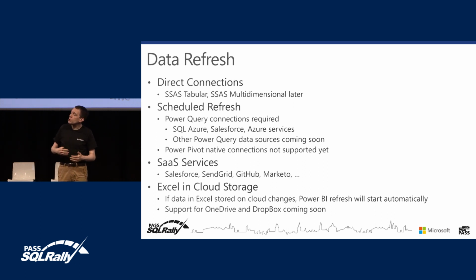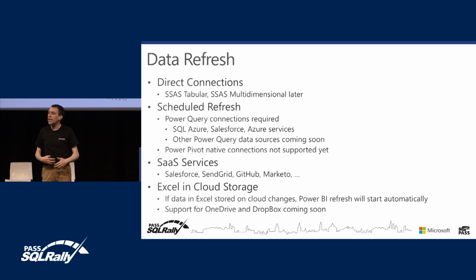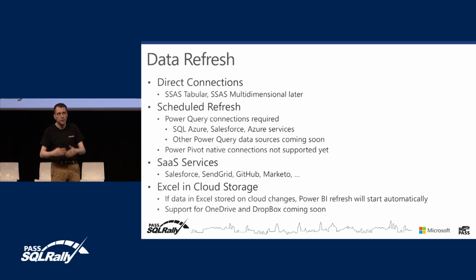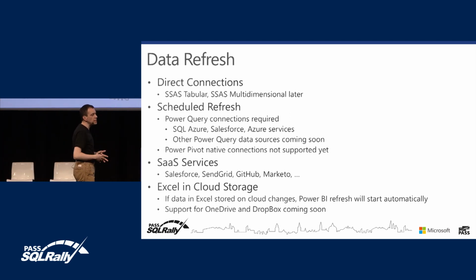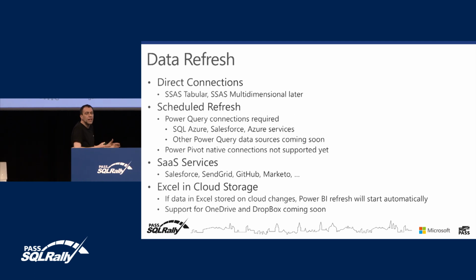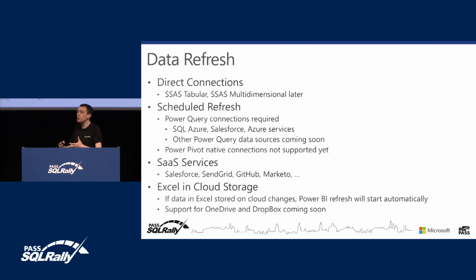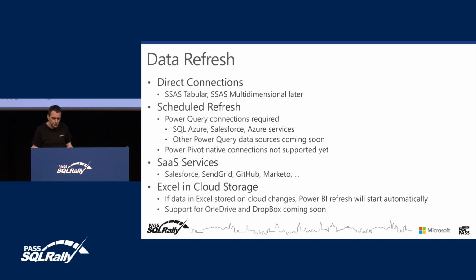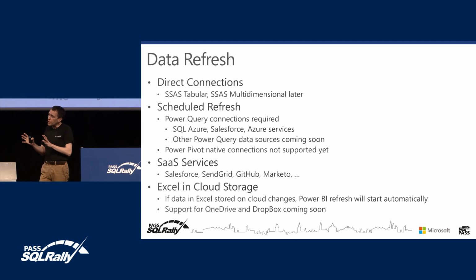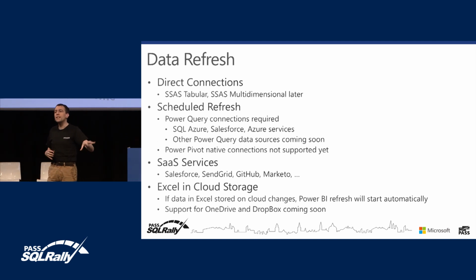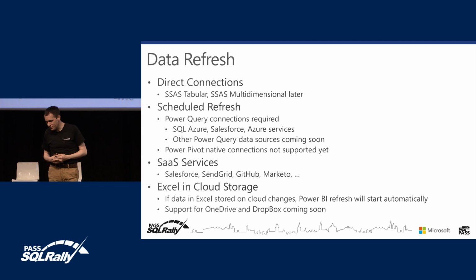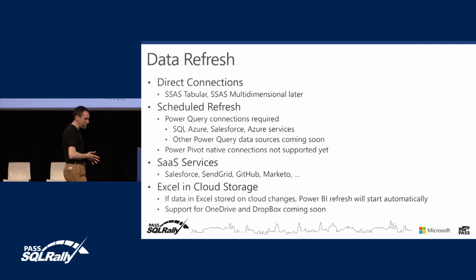However, if you want to upload data like Excel files, Power Pivot data models, or Power BI Designer data models, then you have a copy of the data on the cloud, and you may want to schedule a refresh of the data. You can do that at the dataset level, but you have to figure out if the actual source of data is supported or not. The idea is that you will be able to refresh any data source.